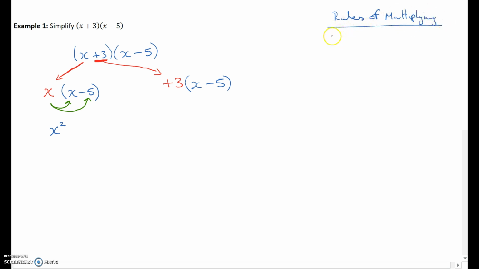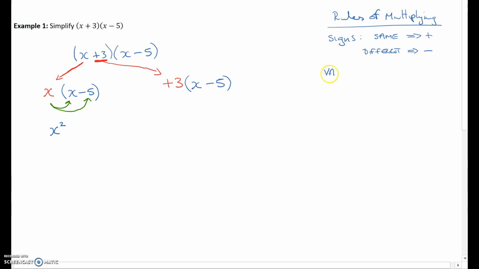Same signs give you a positive answer. Different signs will give you a negative answer. Numbers, we're not going to worry too much about, because you just multiply numbers by numbers in the traditional way that you always did.